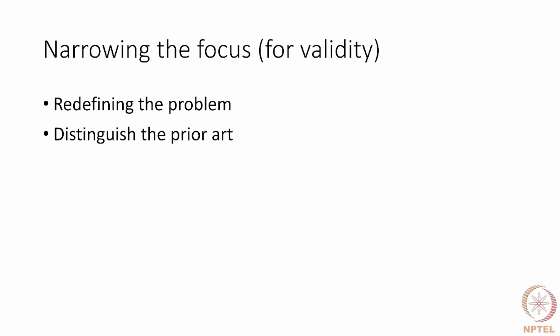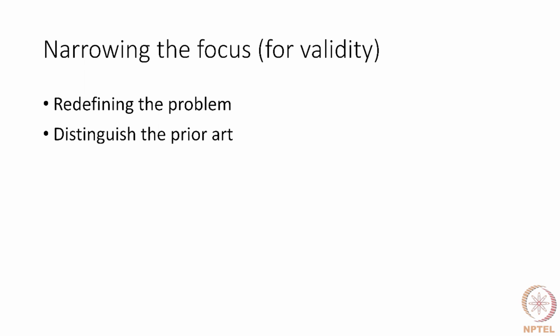While narrowing down, you do it for the sake of validity. We had mentioned earlier, if you broaden a problem solution statement, then you get a potentially broader claim, and a broader claim would allow you to enforce it much better, because a broader claim can catch much more potential infringement when the patent is granted than a narrower claim. But the flip side is, a broader claim may also read into the prior art.